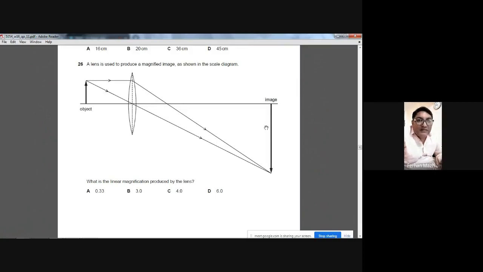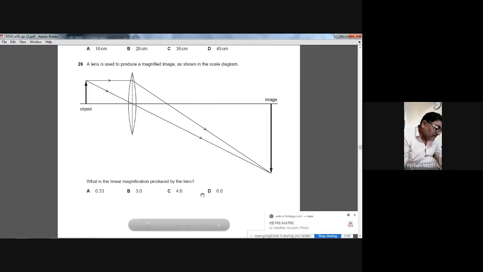Or take a scale and measure the horizontal distance of the image from the lens, from the optical center to the image, and divide it by the distance of the object from the optical center. If you measure it and divide it by the object's height, you will get the answer 3. So the answer will be B choice, 3.